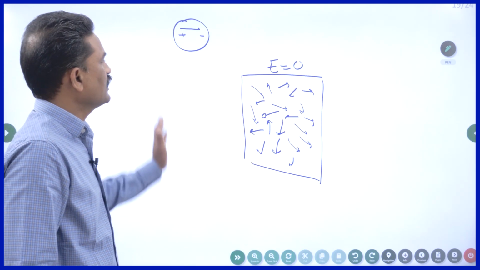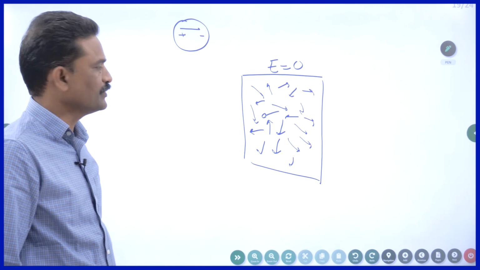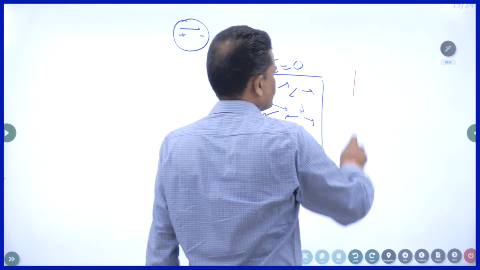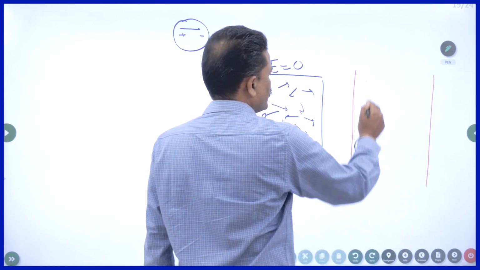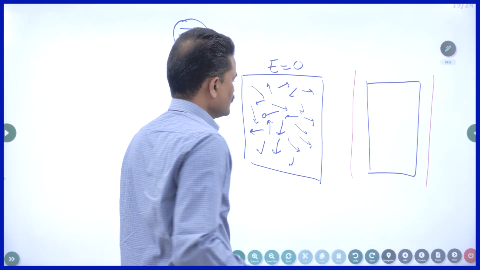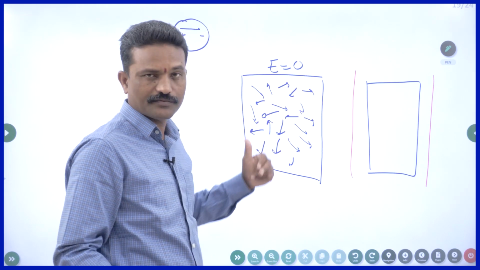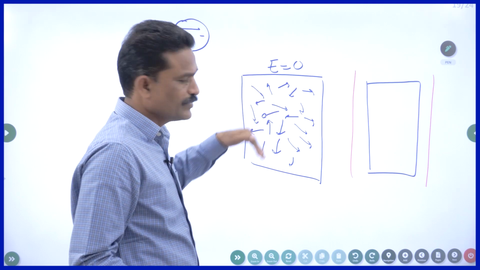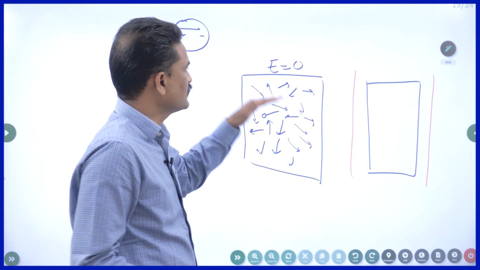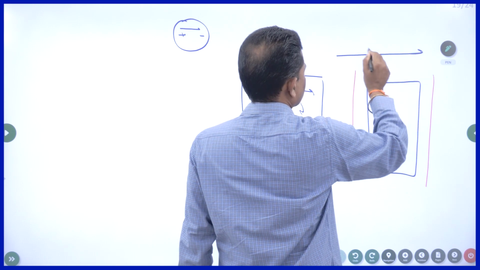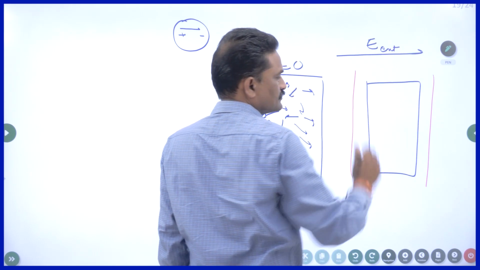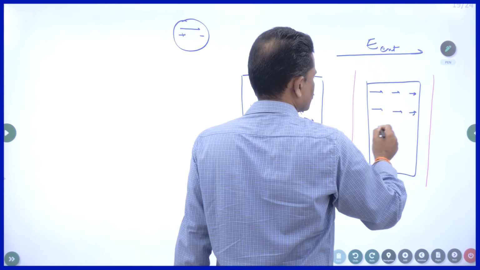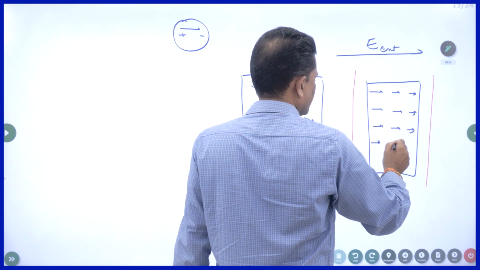Now, what do I do? I apply an external field. That means, now I place this slab in between the plates of the capacitor. As soon as I place this slab in between the plates of the capacitor, these atomic dipoles realign in the direction of the external electric field. This is the external electric field. So, all these dipoles will arrange in this direction. Previously, they were randomly arranged.